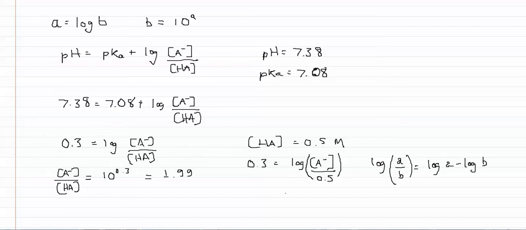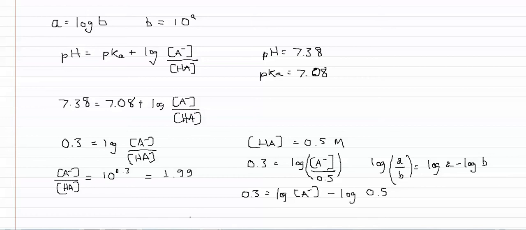So now we can rewrite this relationship as 0.3 equals, so we've got a equal to A minus and b equal to 0.5. So a becomes A minus, minus log b, which in this case is 0.5.